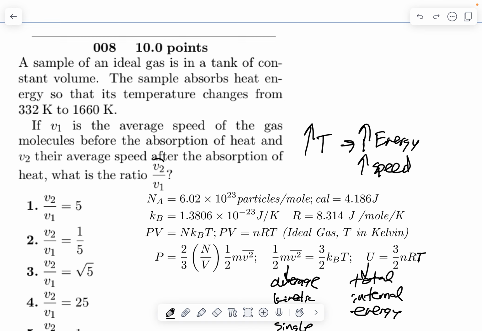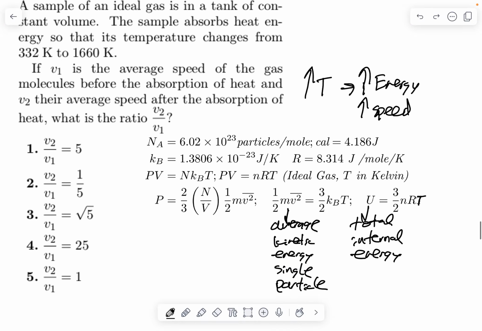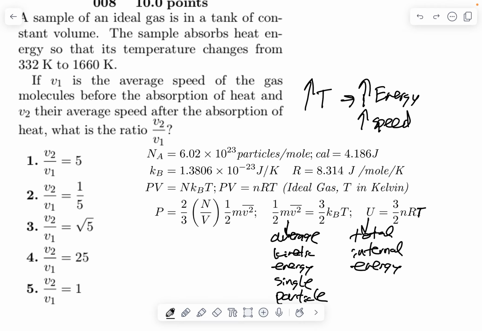So my second speed should be bigger than my first speed, which means I should get a number that's bigger than 1. Based on that, I can automatically eliminate 2 answer choices, the ones that are smaller than or equal to 1, because you know your velocity goes up. But we want to be more specific on how much it goes up, so we have to do a little more math.